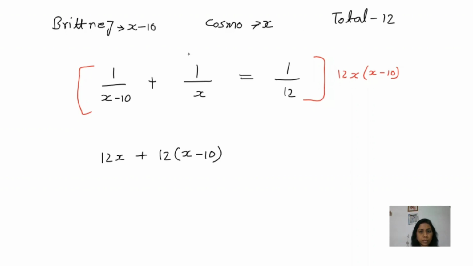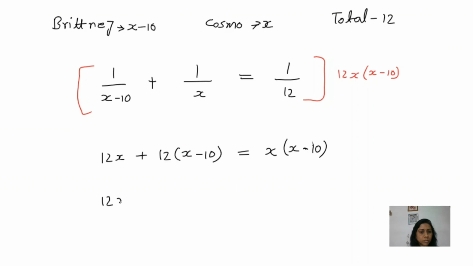And the last term, 1 upon 12, the 12 cancels, so we get 1 times x minus 10, which is x minus 10.